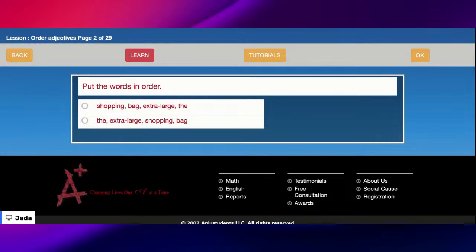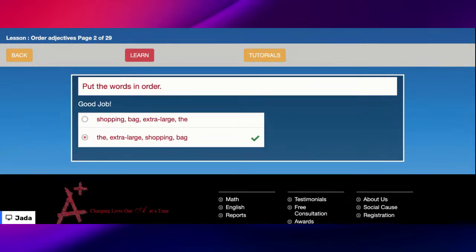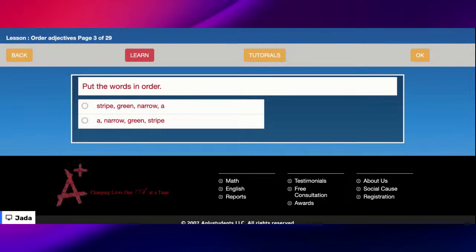Option two. Okay. The extra large shopping bag.